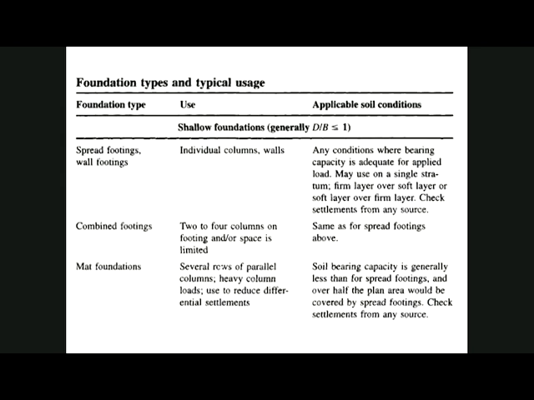As you can see, I'm going to box it here: the ratio between the depth over its dimension, B, is usually less than or equal to 1. When we say depth, we are measuring from the top of your soil up to the base of your foundation.